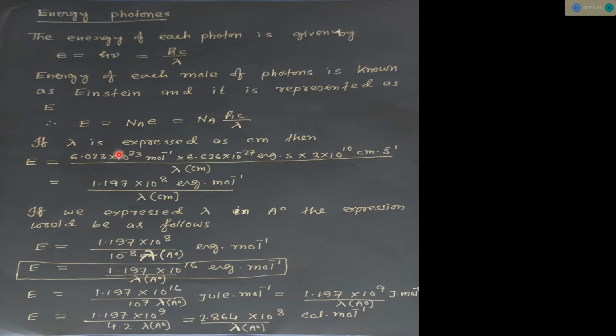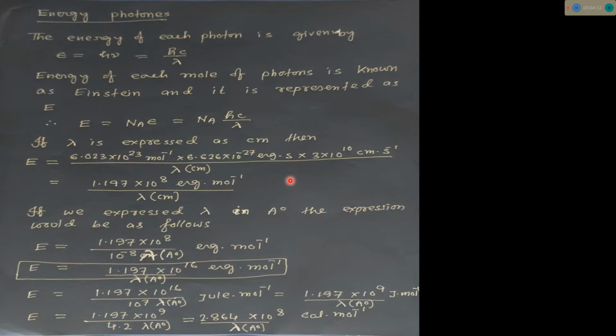If we want to calculate the energy value by putting in each term, Avogadro number, Planck constant and speed of light, and we express lambda, the wavelength, in centimeter, then we put the Planck constant in erg second and the speed of light in centimeter per second, that is 3 into 10 to the power 10 centimeter per second.